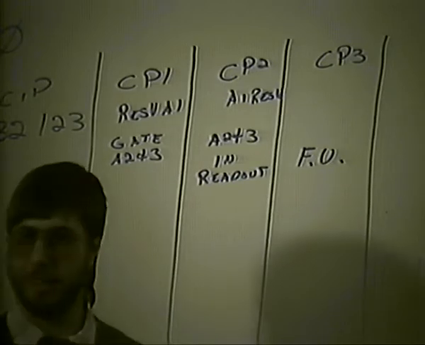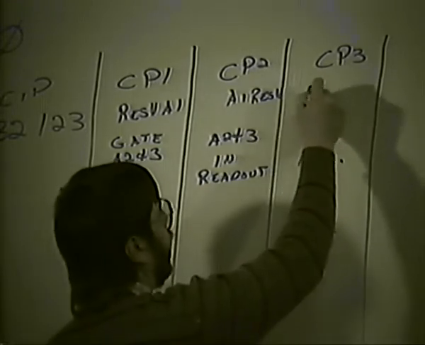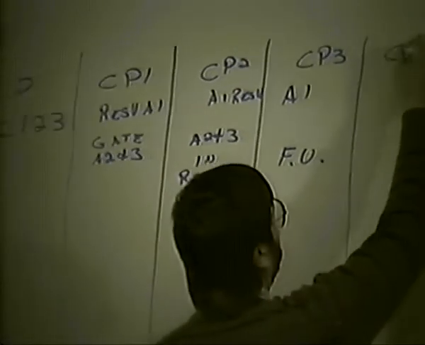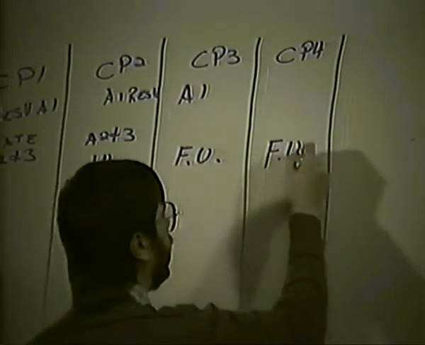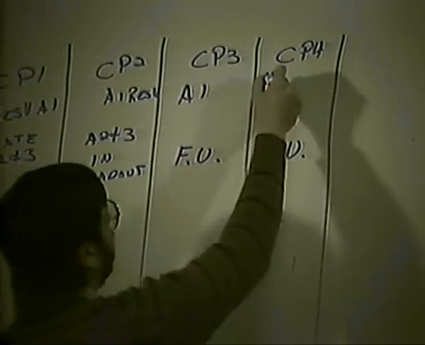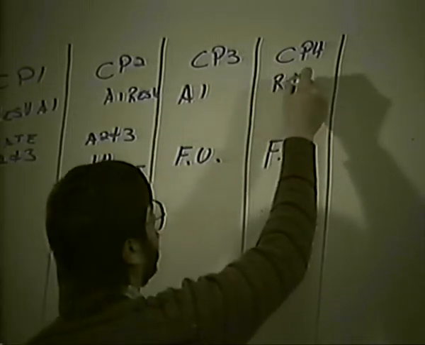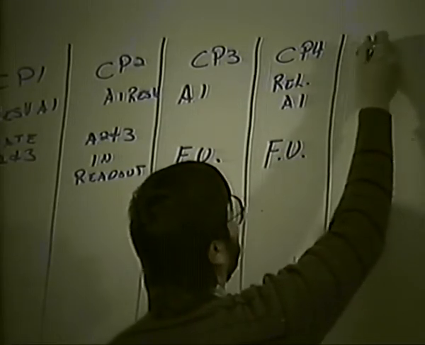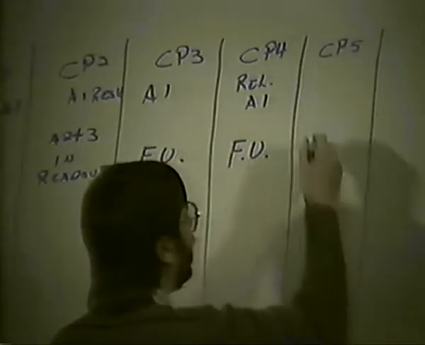It's in the functional unit. I'll just put that up, it's easier than spelling out multiply. How about A1? Is that still reserved? Okay. I'll just write up A1. Okay. Clock period 4. Well, wait a minute. It's in the functional unit.